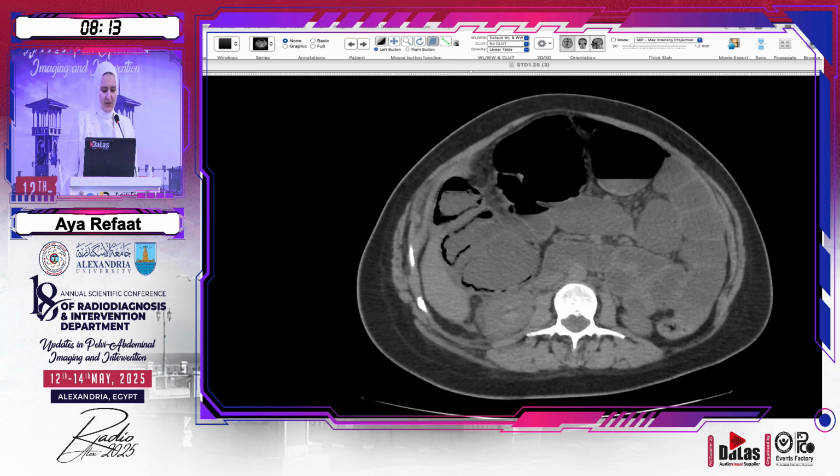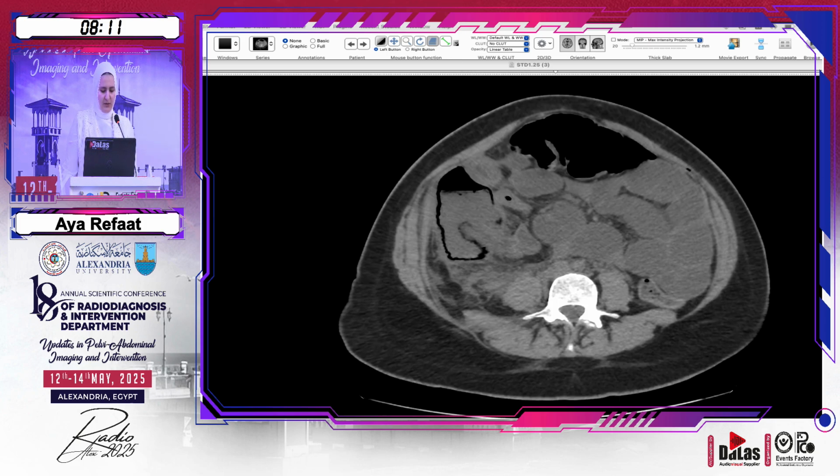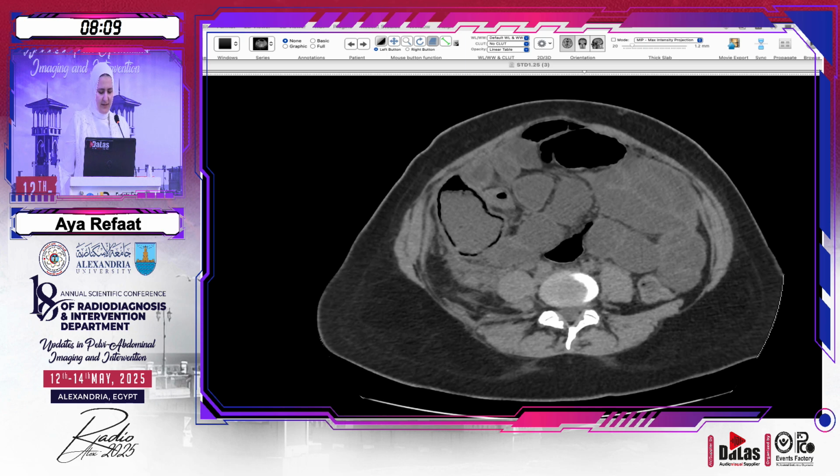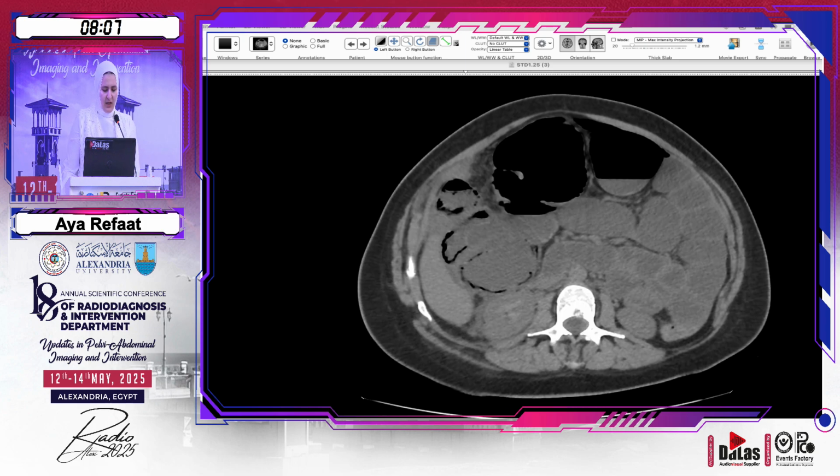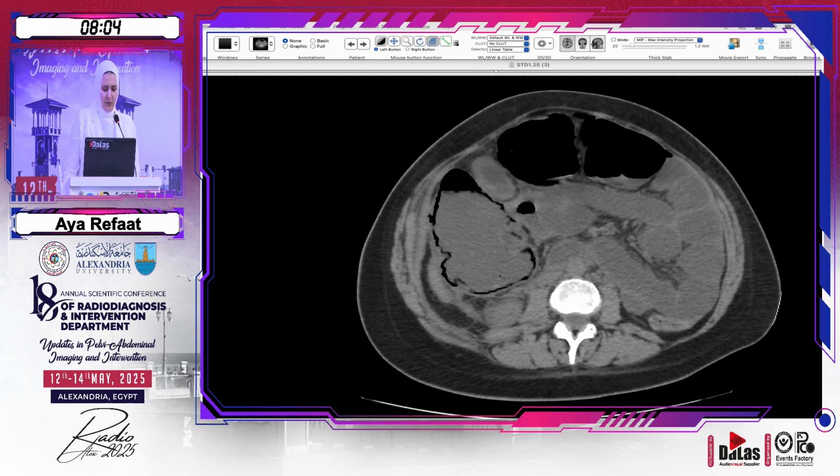Is there any transition point or obstructing cause? Are there any signs of pneumatosis, bowel wall thickening, or free pneumoperitoneum?